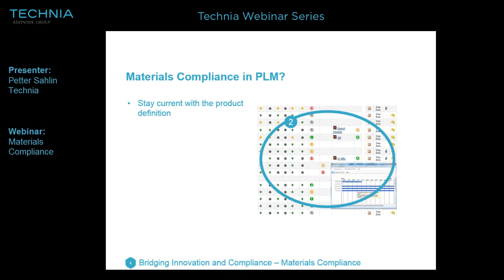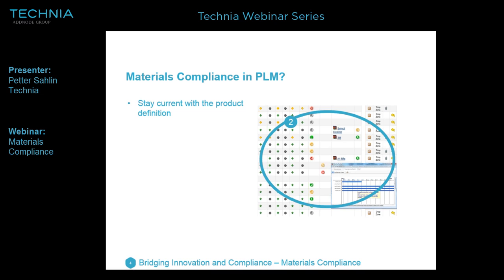As I hinted on the previous slide, we need to know how this part is sourced, so from which supplier, and we need to have an updated materials declaration from that supplier. Additionally, I need to know that I'm working on the right revision or the right version, or if it's relevant for materials compliance, I might be interested even down to the lot size or the batch size or the unit.